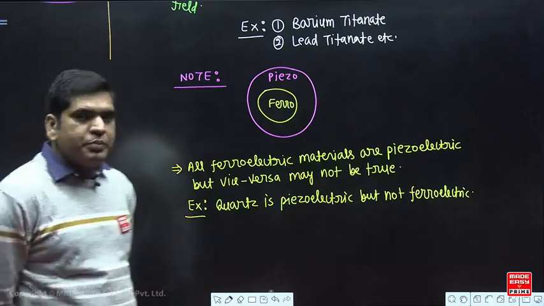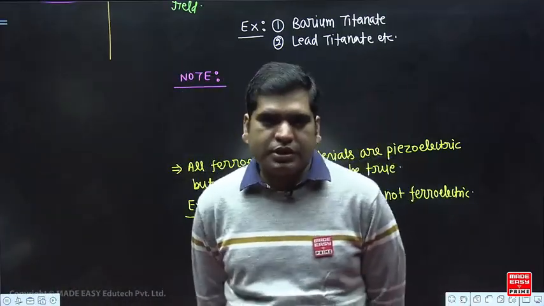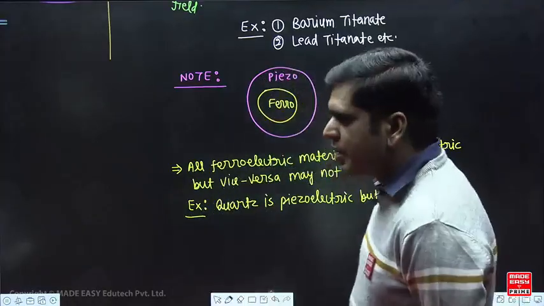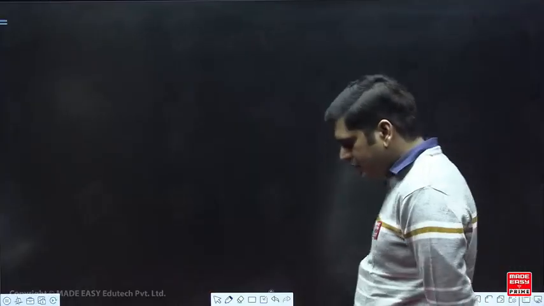So, with this topic we have completed this very lengthy chapter. We have studied conductor, semiconductor and insulator. All these has been covered. Now, this chapter electric properties of material has been covered, and it has been covered beautifully.